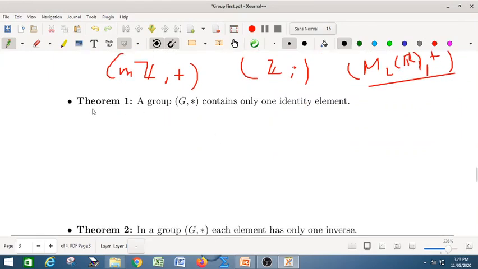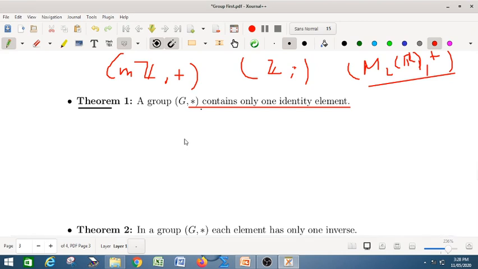Theorem 1: a group contains only one identity element, that is, the identity is unique. Suppose, on the contrary, E and F are two identities.